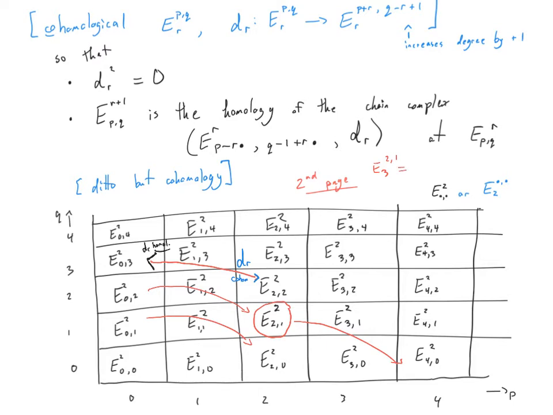Then this would be equal to the kernel of each of these maps. So here's D2, here's D2.